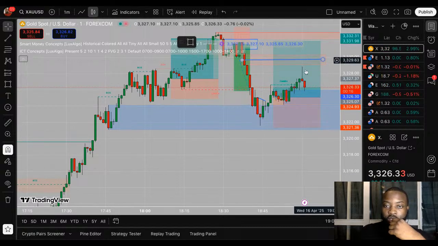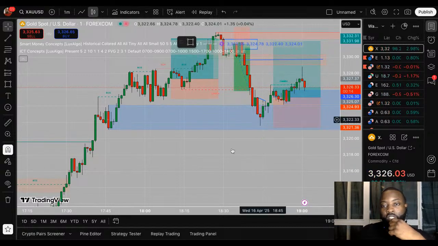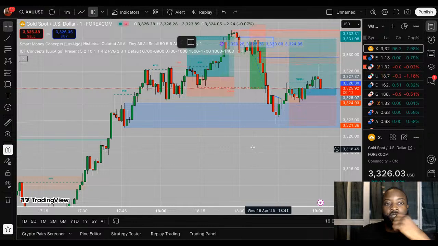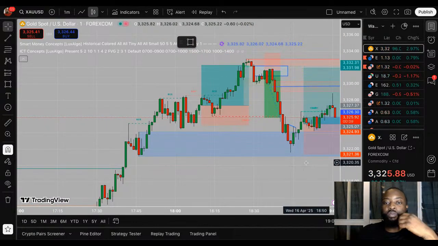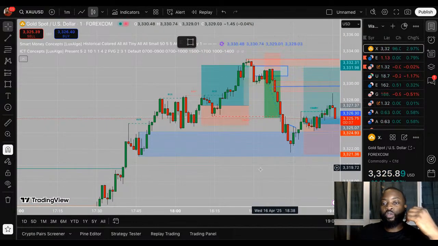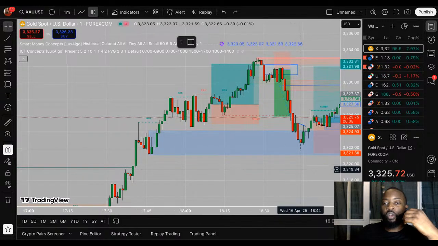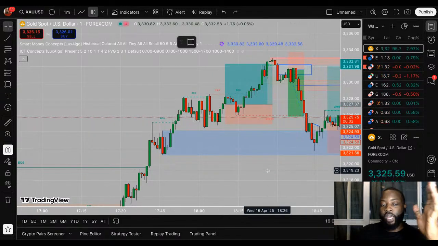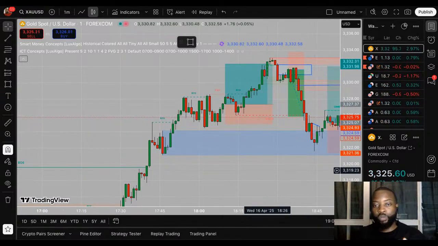Our first target here, and then our second target. So this works on any time frame. You need to make sure you look for an accumulation, a distribution, and an accumulation, manipulation, and distribution.